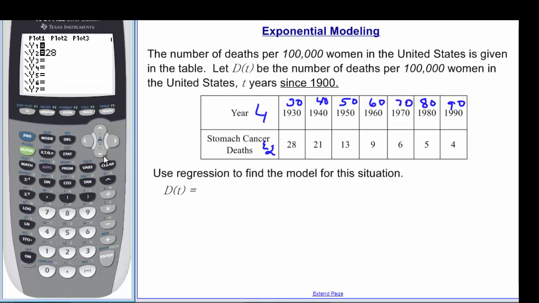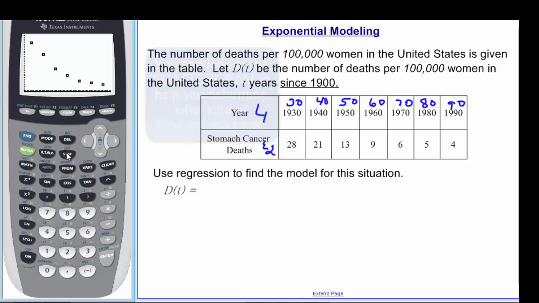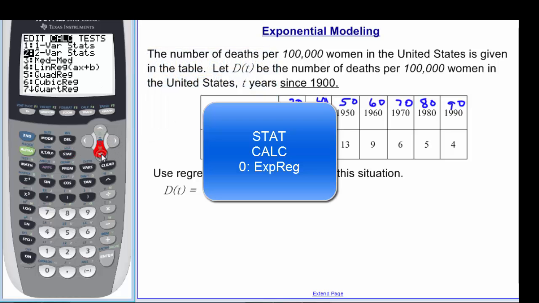I could clear my equations out so they don't get in my way, and turn my plot on. And remember, we can do zoom 9 to look at our data. When we do that, I can see that it definitely looks like a decreasing exponential curve. So I am going to use stat, over to calculate, and then arrow down here.